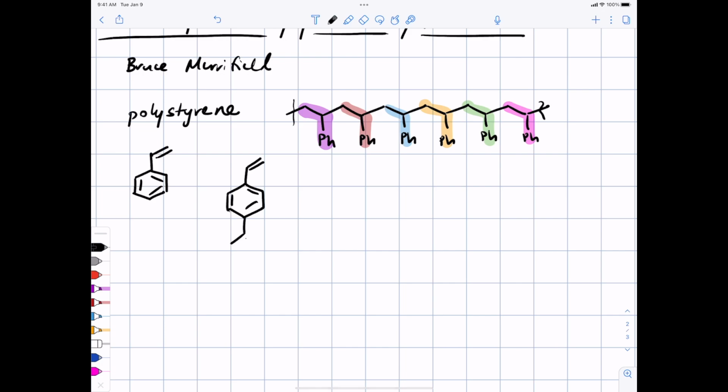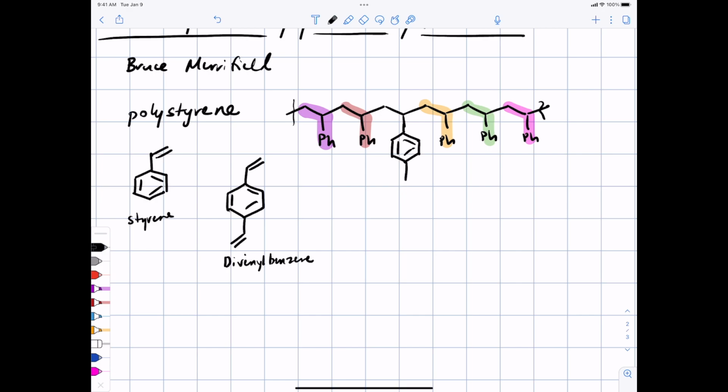If you use this, it's called divinyl benzene. That's basically a cross-linker. This is styrene. And what divinyl benzene does is it takes one of these units, one of these benzene rings has two handles on it, right?